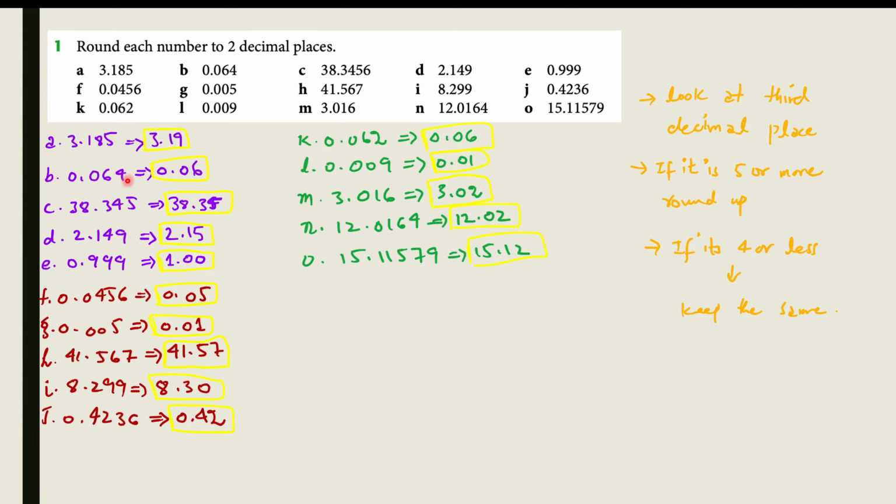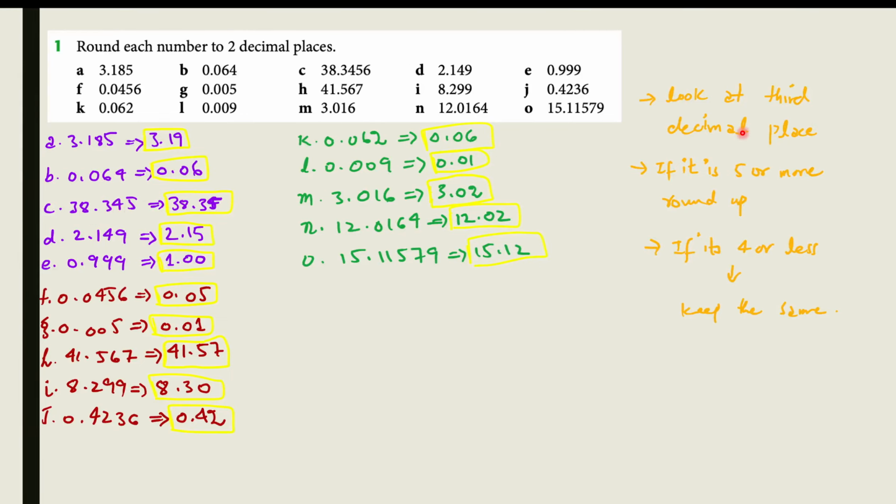So 4 is less than 5, therefore we are not going to increase the second decimal digit. So it would become 0.06. When we remove the adjustment, as I mentioned earlier, we remove all the digits after the second decimal. So you see, we have removed this 4.